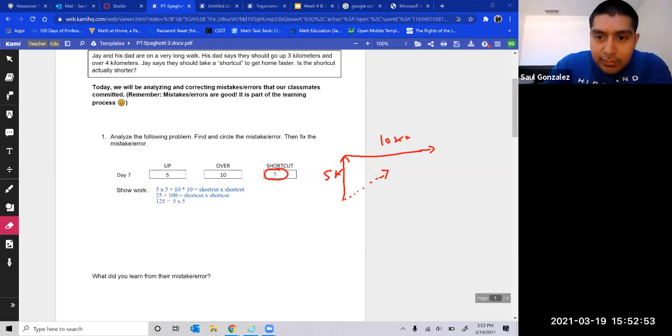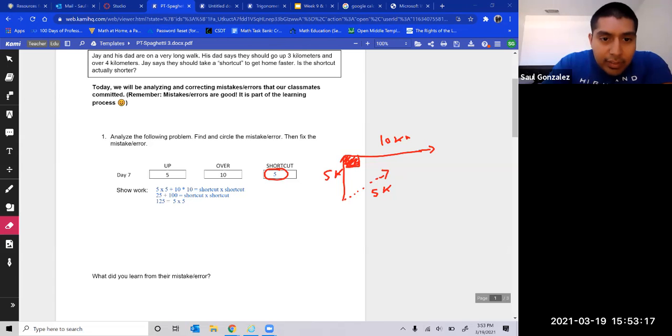Well, they're saying that it's 5 kilometers. And we know that the shortcut is the longest side in a right triangle. Okay, so this is a right triangle. So 5 is not longer than 10. And 5 is exactly the same as 5 here. So this shortcut does not make sense.